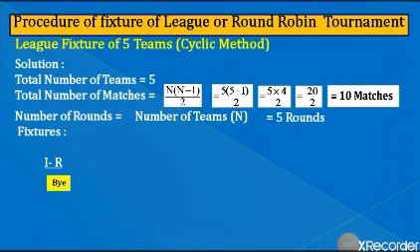In the first round, we fix the bye on the top at the right hand side. After that, we list the teams in ascending order and move the teams in cyclic way in clockwise direction from downward to upward.